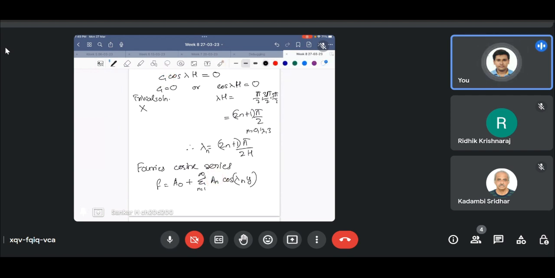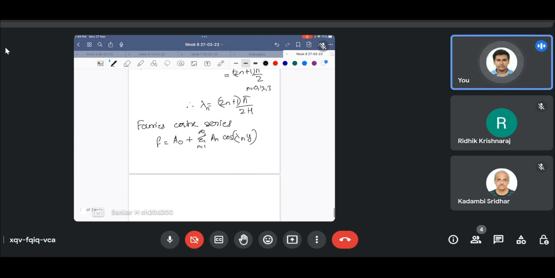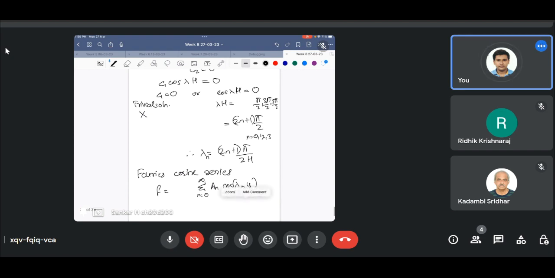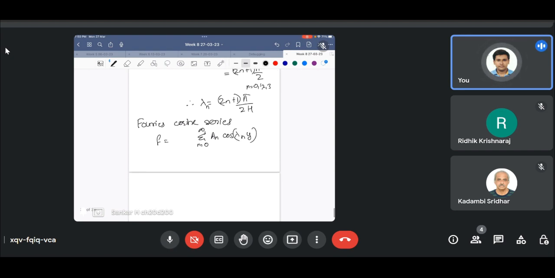That constant remains a constant, but let me remake this to avoid confusion: n equal to 1 to infinity an cos lambda n times y. This is known as a Fourier cosine series in an and lambda n.